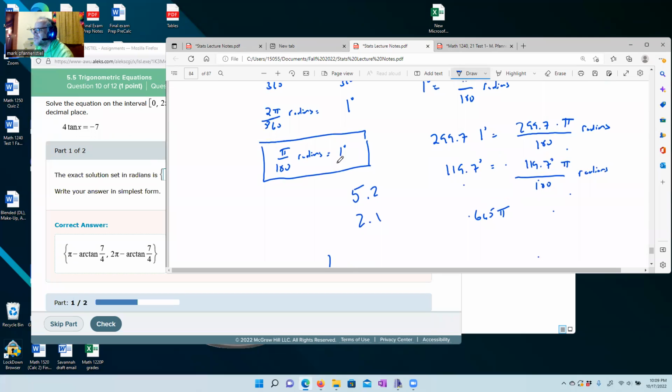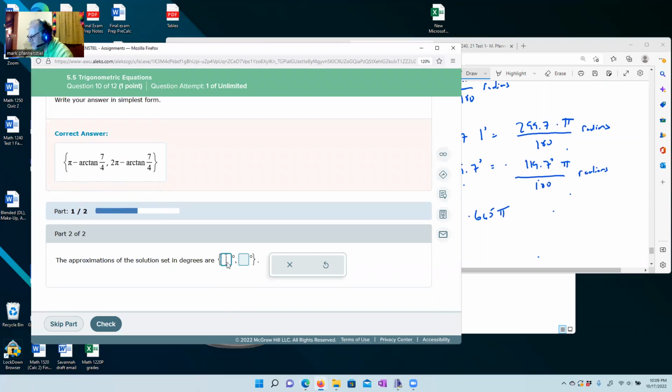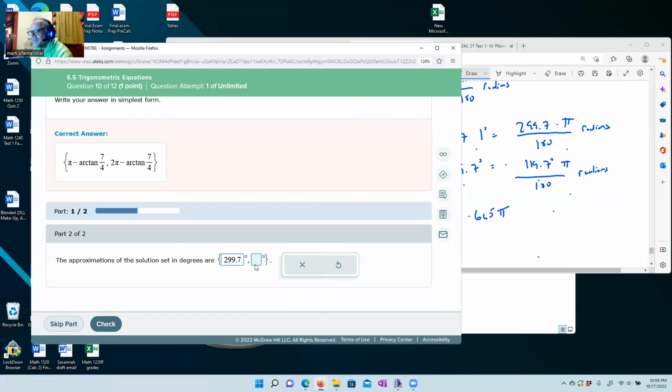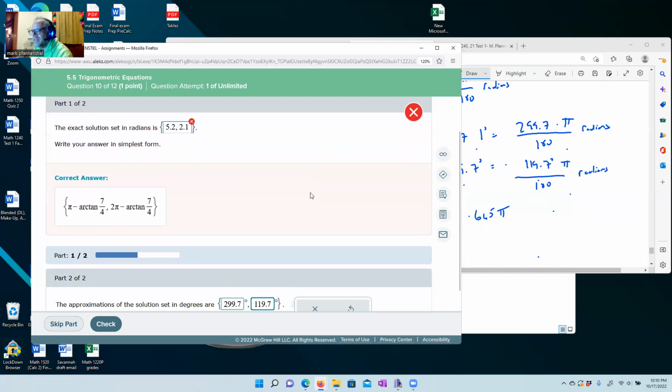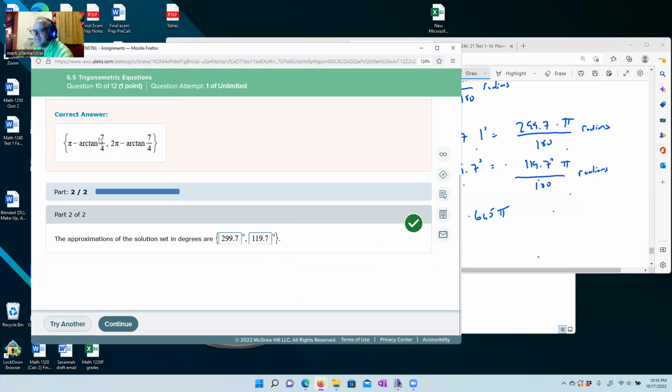Say this is going to be 299.7 degrees, so we'll type this in as 299.7, and then 119.7. If they had given me, I'll give the exact value, exact solution in radians, and the approximation in degrees rounded to 1. So they got me because I didn't read that exact value well enough.